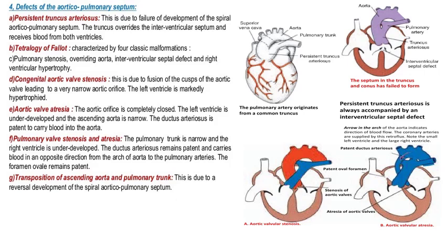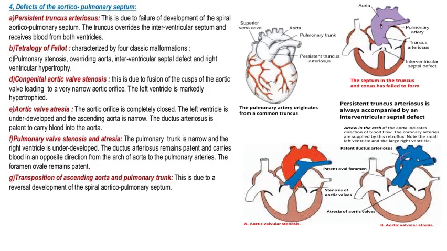So here it is stenosis, where narrowing of the valve is seen, so there is hypertrophy of the left ventricle, and there can be atresia where the pumping of the blood is not there at all. So from the pulmonary trunk only, the blood via the ductus arteriosus is pumped to the aorta, which is deoxygenated blood, which carries danger to survival.